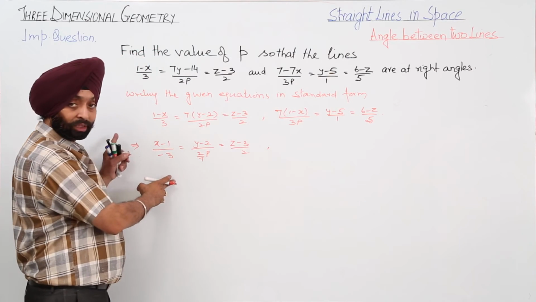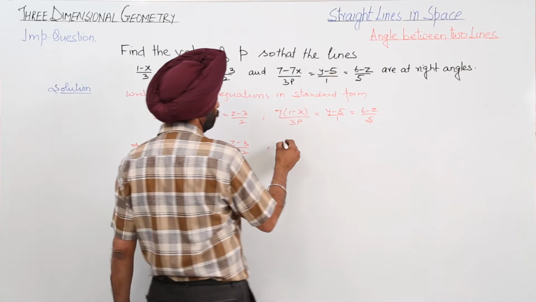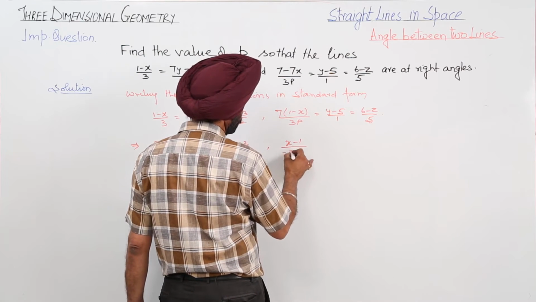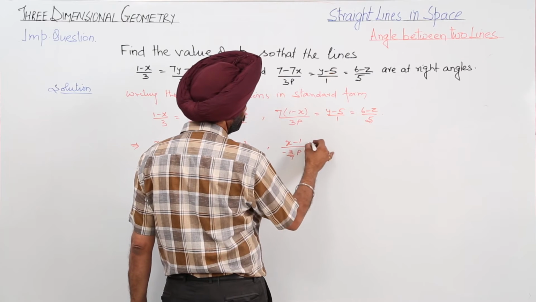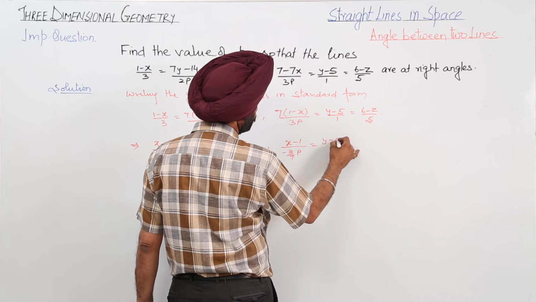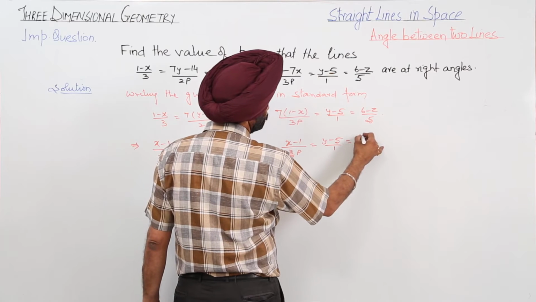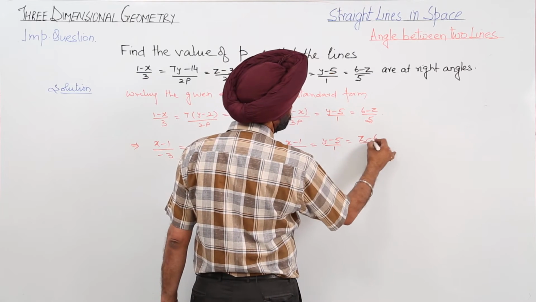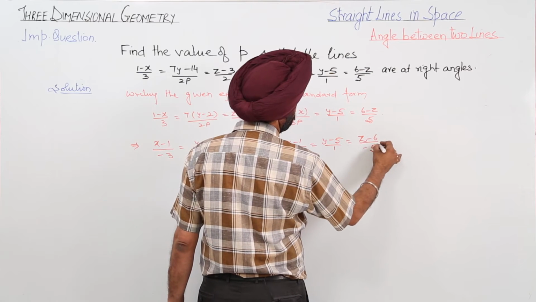Now this is the standard form, and (x minus 1)/(minus 3/7p) = (y minus 5)/1 = (z minus 6)/(minus 5).